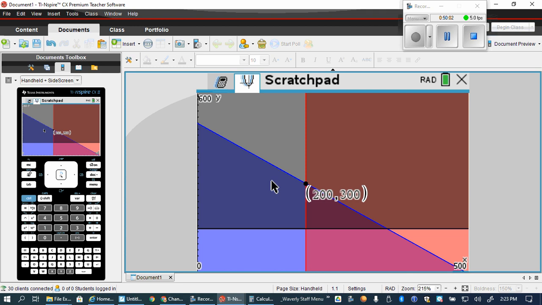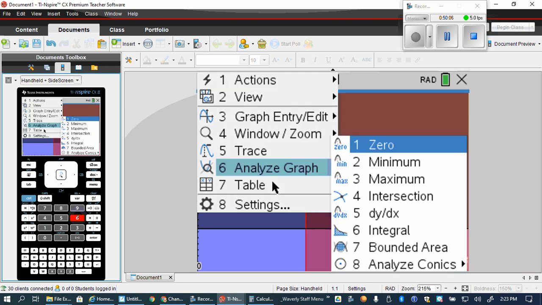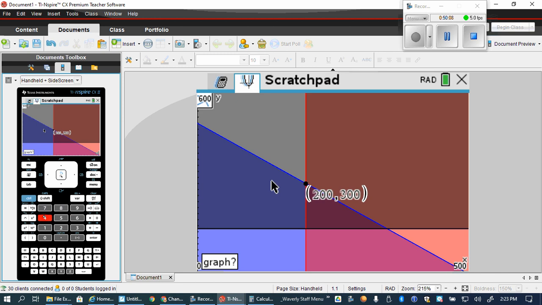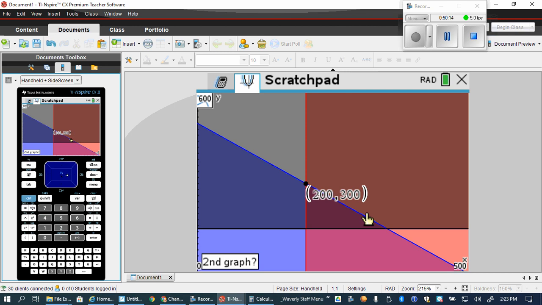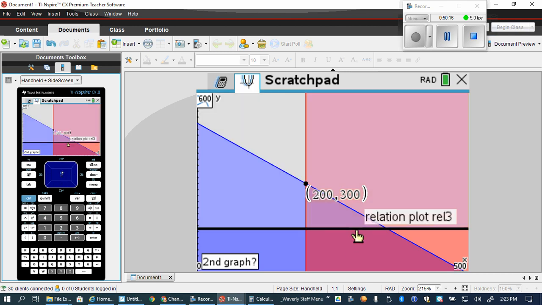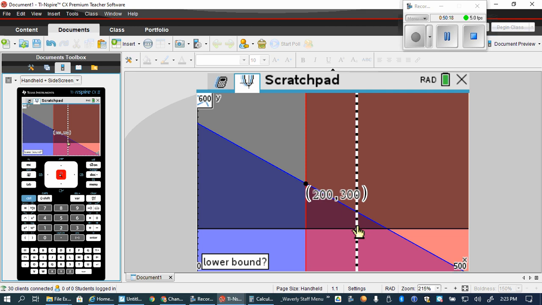So, menu 6, 4. Now I want to do maybe this one and this one. Now it's doing lower bound, okay.